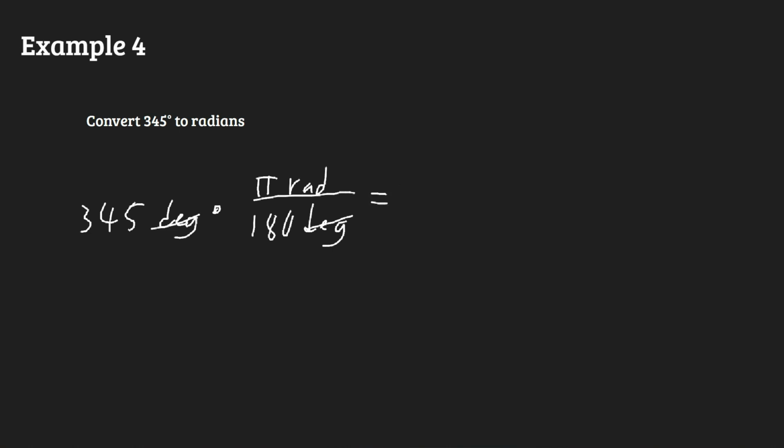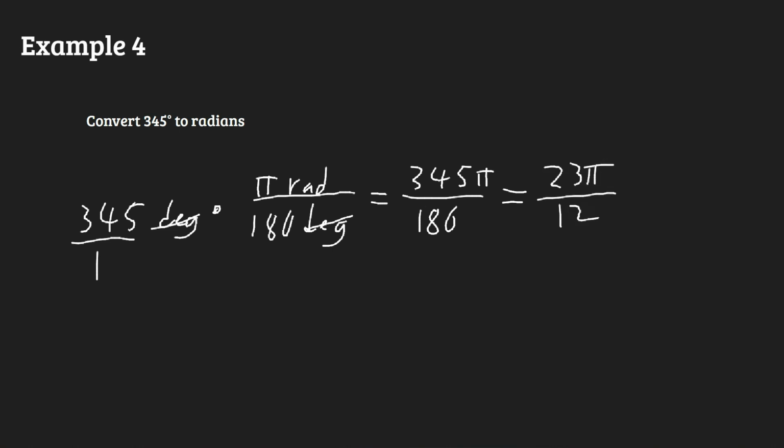And then we're left with 345 times pi, which is 345 pi. And remember, there's like an invisible 1 here. 345 divided by 1 is equal to 345. So 1 times 180 is divided by 180. And then just simplifying this, we're going to divide both sides by 15. And I'm going to get 23 pi divided by 12 radians as my final answer here.